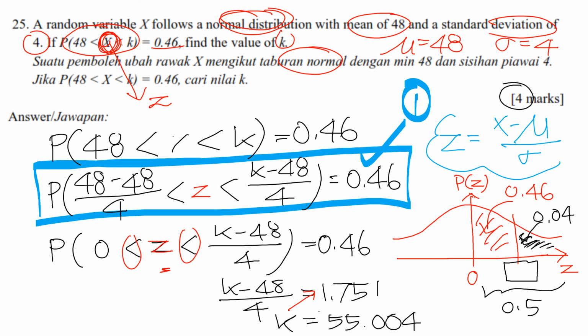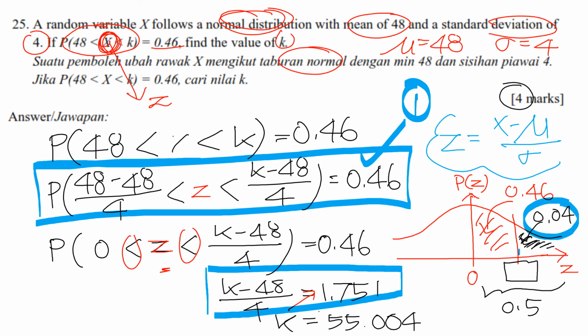Markah yang kedua, dapatkan Z dia dan bacakan nilai ini, di mana kita boleh nampak 0.04 dalam equation dia ataupun kat mana-mana penyelesaian anda. Dan langkah seterusnya adalah yang ini. Dan markah yang terakhir, yang keempat adalah berada kat sini. So inilah 4 markah yang anak murid akan peroleh.